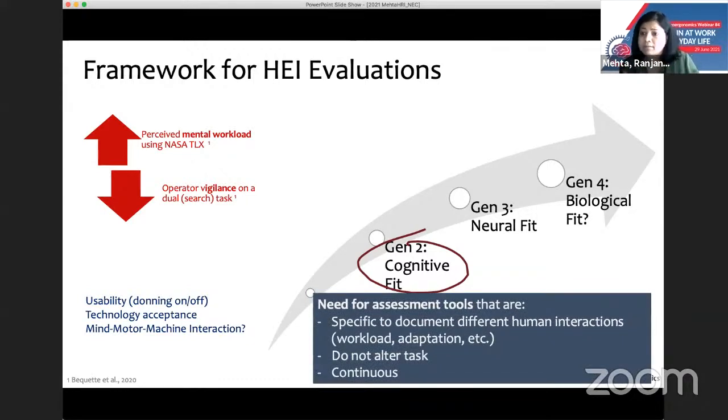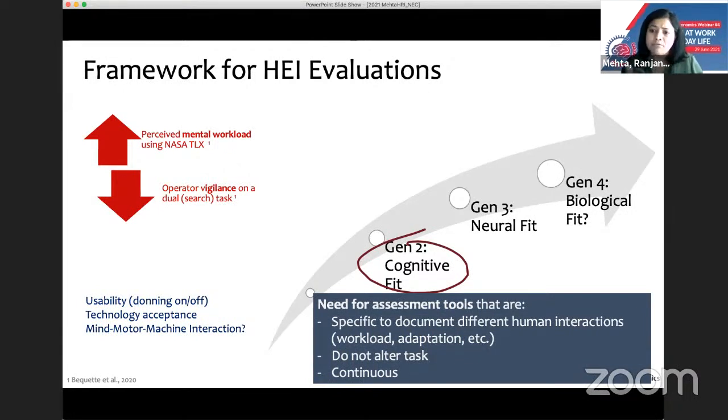But in doing so, there are some barriers. We don't have tools right now to document human technology interactions across different constructs like workload or adaptation. We need tools to evaluate this cognitive fit that do not alter the task itself. So for example, dual task paradigms change the task, right? If I'm asking someone to lift and I'm asking someone to lift with a dual task, that's not the same task that a worker does on a shop floor.